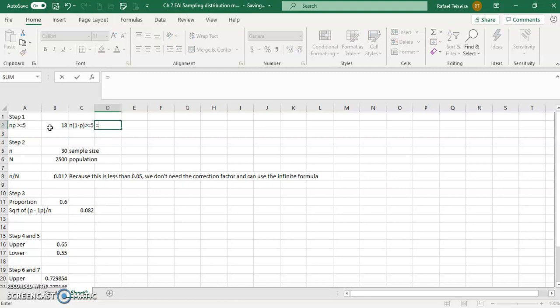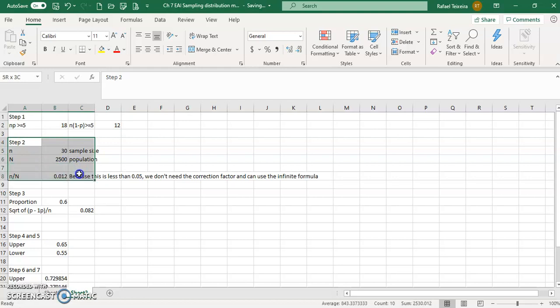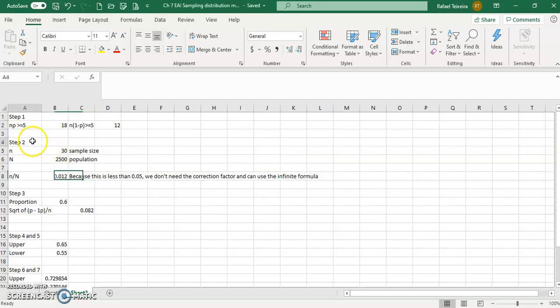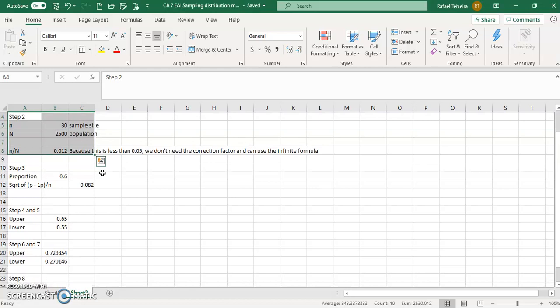So this is equal to 30 multiplied by, open parentheses, and you can do 0.4 directly because 1 minus 0.6 is 0.4, or you can do 1 minus 0.6, which is 0.4. The resulting number is 12, so both requirements are met. Step 2 is to check the need for the correction factor, if it is an infinite or finite population. And then we can move to step 3.